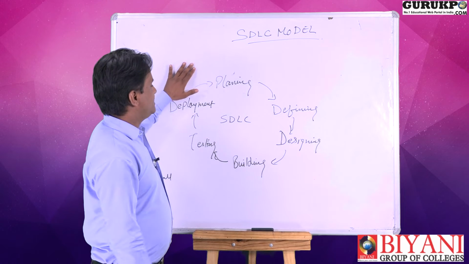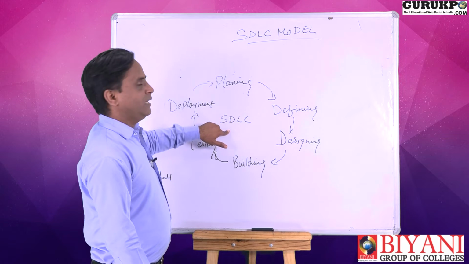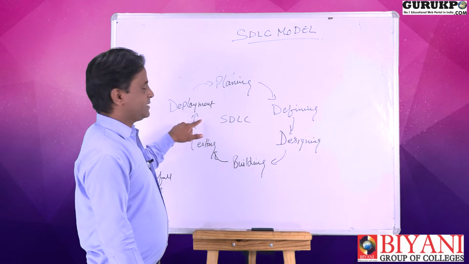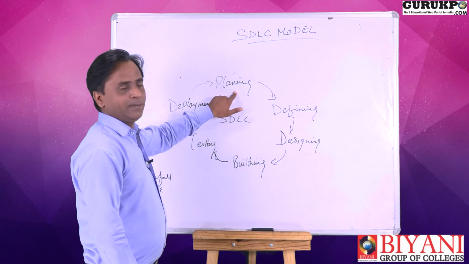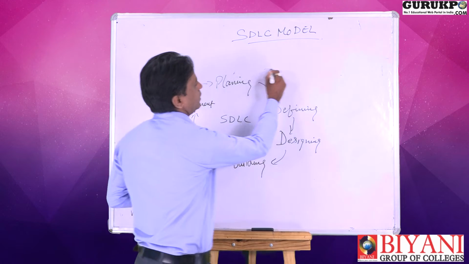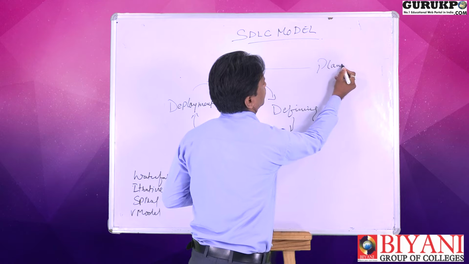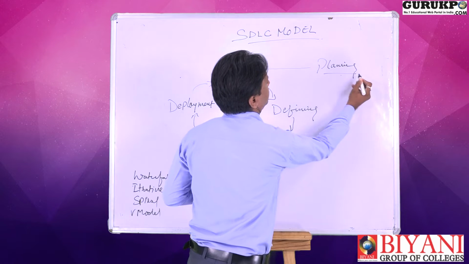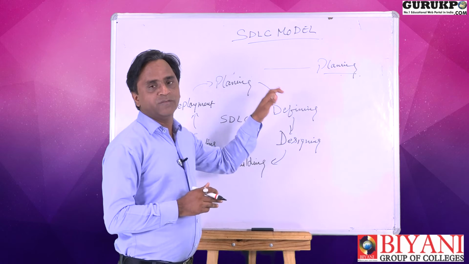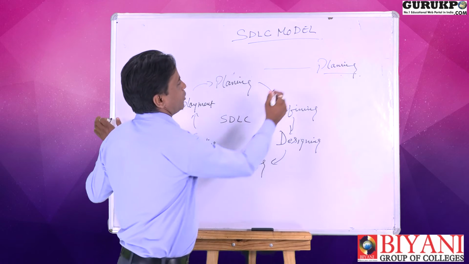First of all, SDLC, System Development Life Cycle, has 6 phases. The first phase is planning. When we develop our software, we discuss planning.